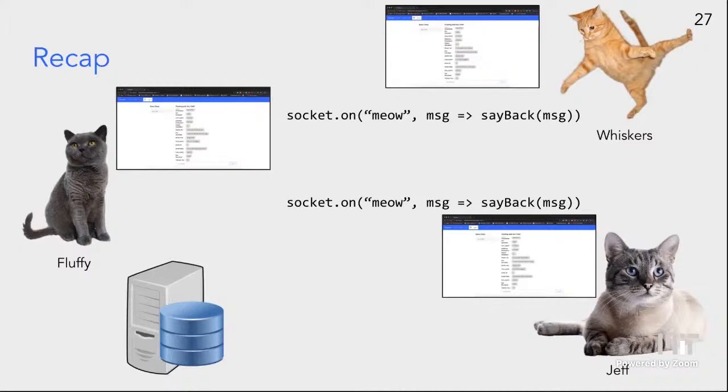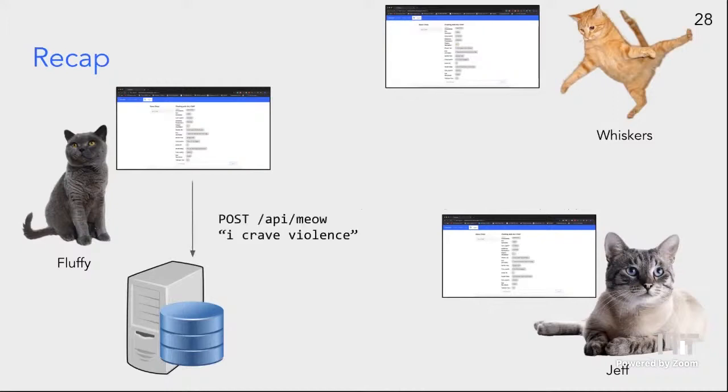So you can imagine that these cats are just following the leader. They're just repeating back whatever Fluffy says to Whiskers and Jeff. So now in our chatbook example, or a little bit off of it, imagine that Fluffy meows at the other cats and says, "I crave violence," because that's a cat.